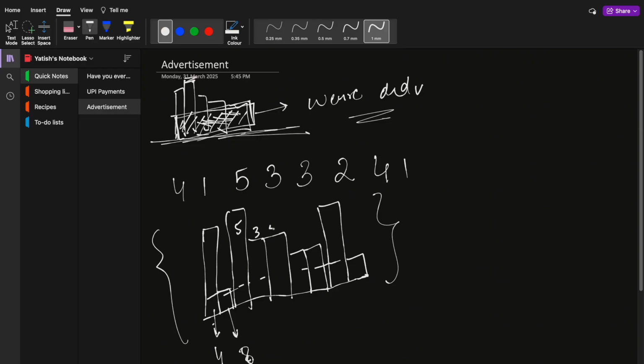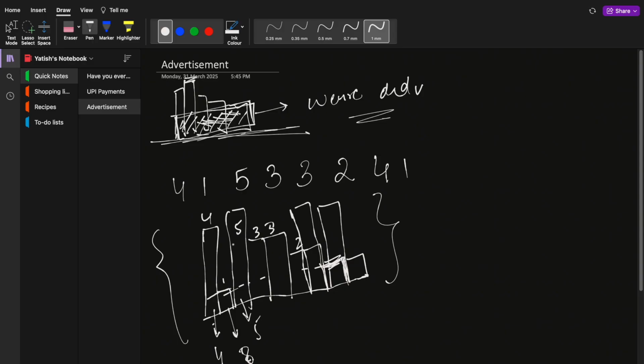For this 3, let's give them the numbers as well. 2, and 4, and 1. So for 5 it would be 5.